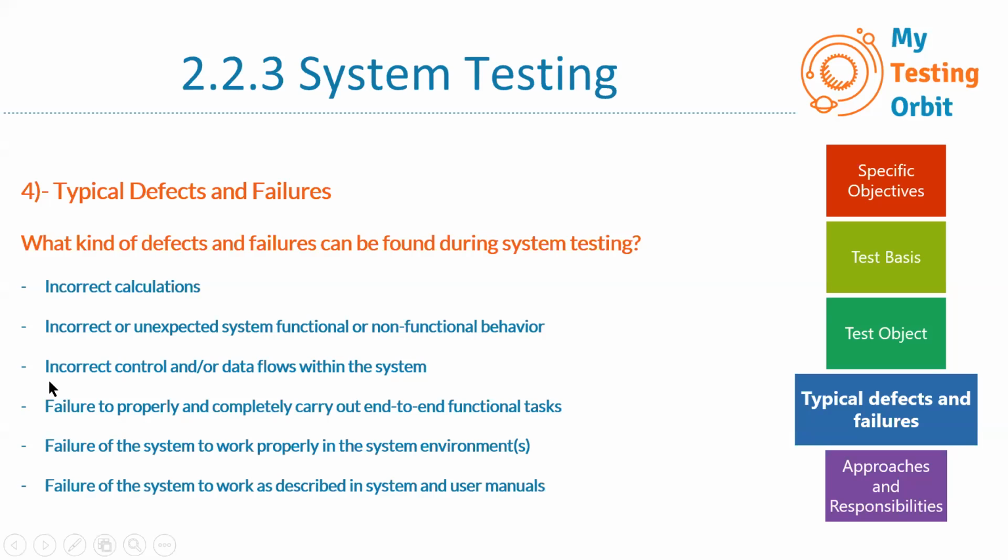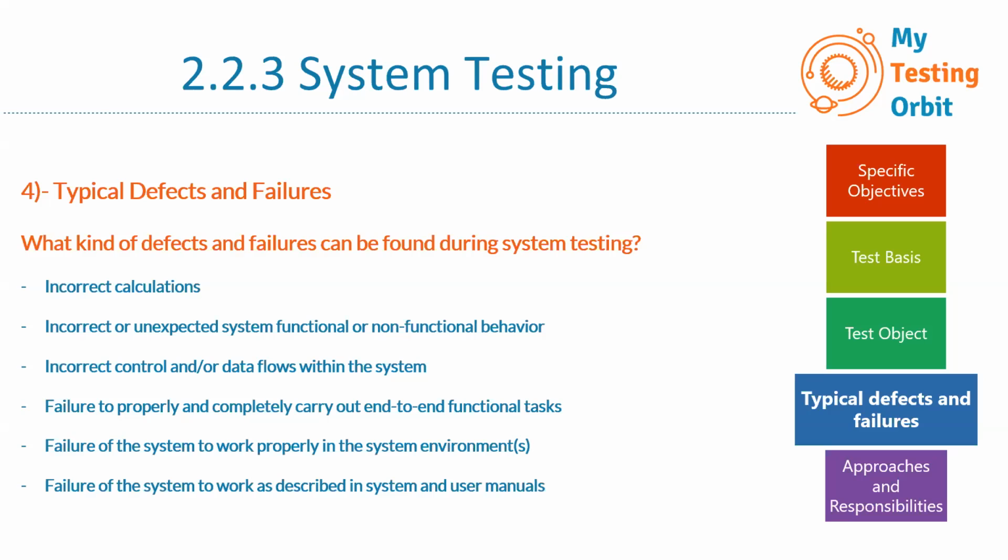The third one is incorrect control and or data flows within the system. Now there can be different state diagrams and different flow diagrams based on what will happen. Let's take an example. Again, take an online shopping app, and there is an offer that if we shop for more than £50, then we get a discount of 10%.